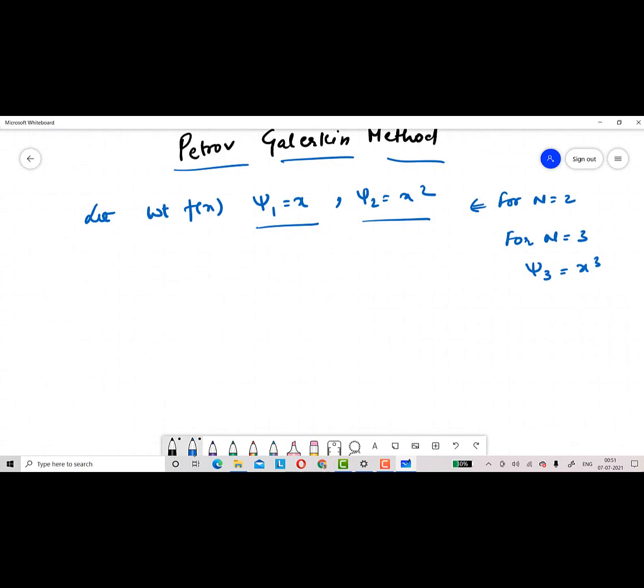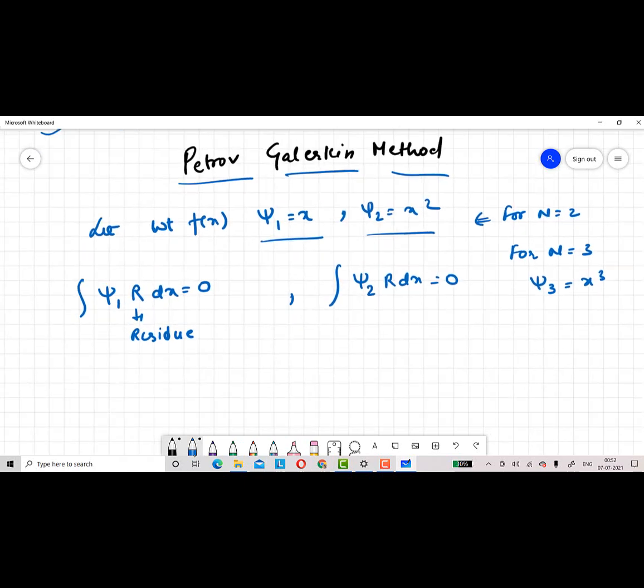Our equations for the solution will be the integral of psi1 R dx equals 0. Here psi is the weight function and R is the residue we have calculated. The other equation is the integral of psi2 R dx equals 0. We will use these equations with the help of the Petrov-Galerkin method.